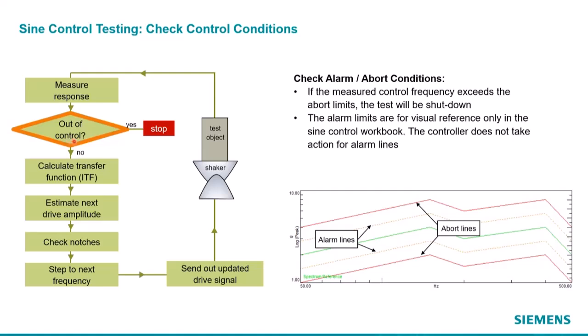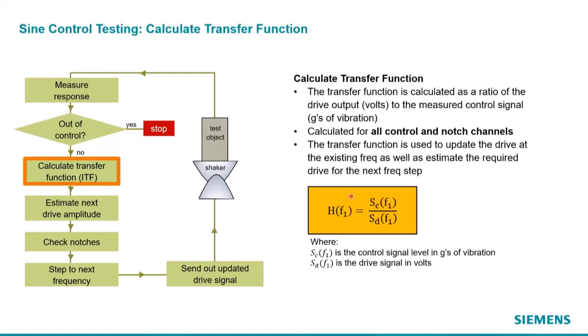Next stop in the algorithm is to check your control conditions, if it's in control or out of control. Just like in random control, you've got these alarm lines, and then you've got these not-to-exceed lines too. If your responses go outside those limits, then you want the test to gradually shut down. So then we step to the calculation of the transfer function.